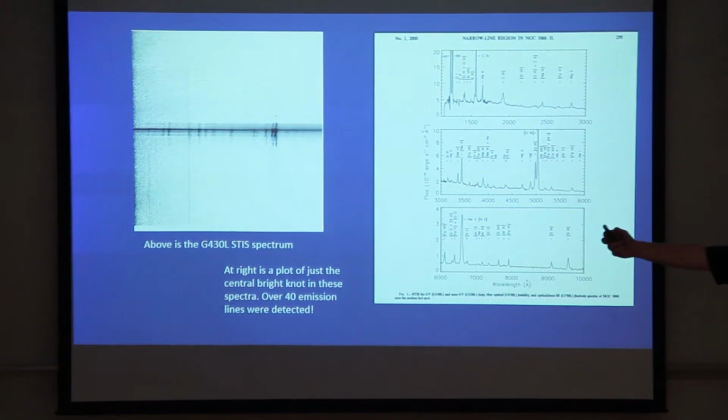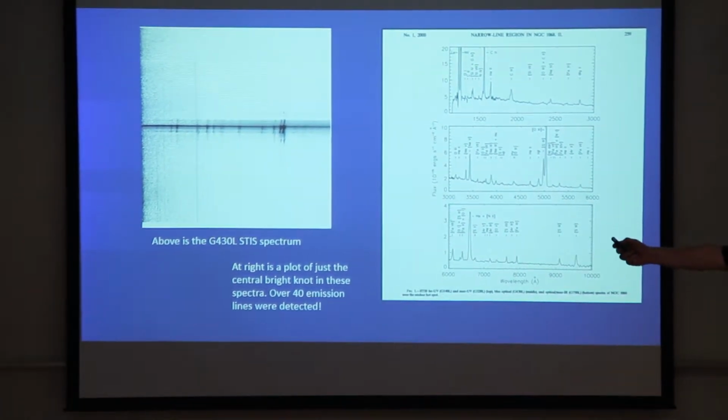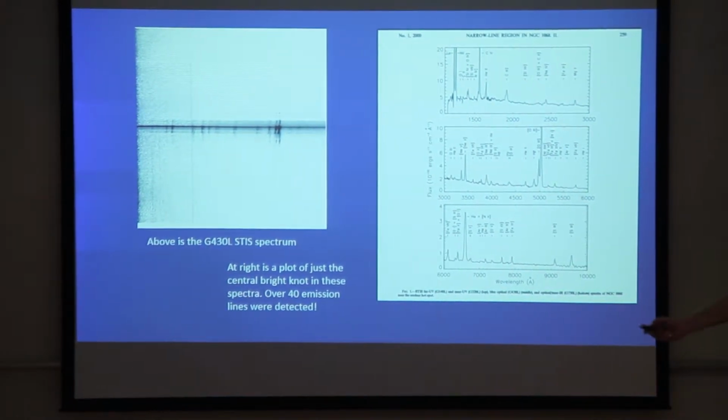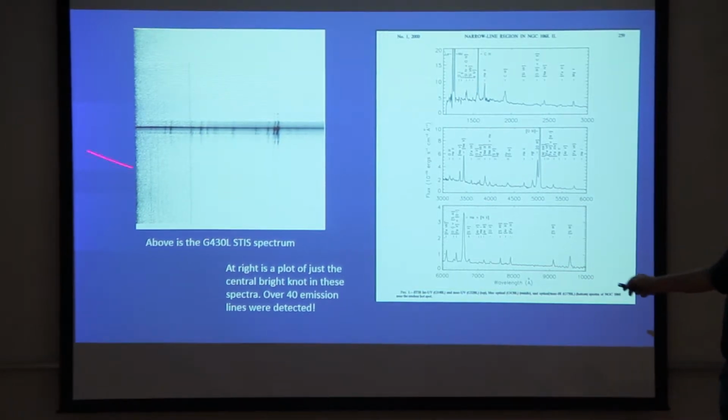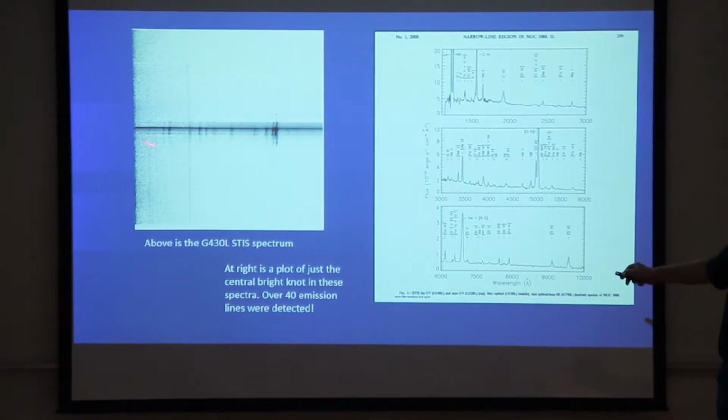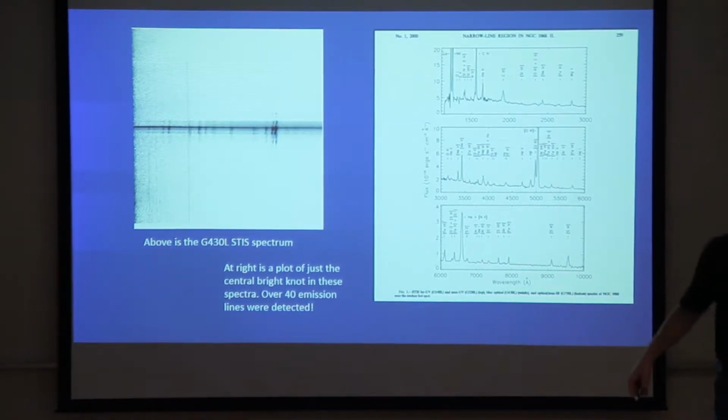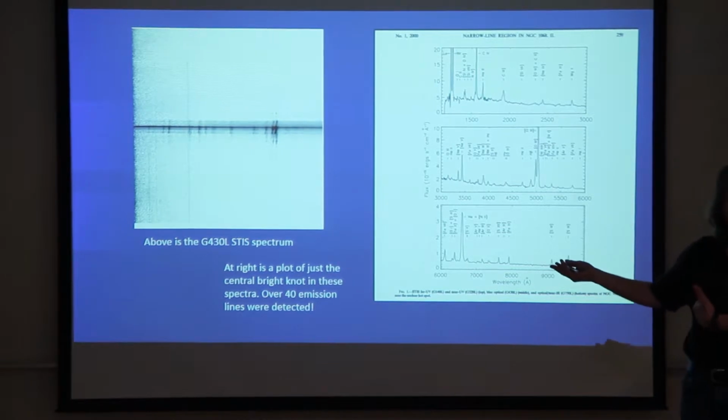So that was from about 1,200 angstroms to about 1,700 angstroms. Here is a spectrum that goes from about 3,000 or 3,500 angstroms out to about 5,500 angstroms. The scale is a little different. It's the same region, but this is a different detector.